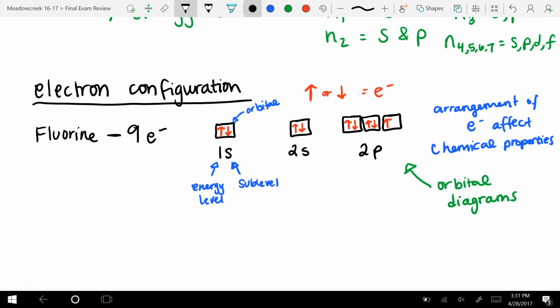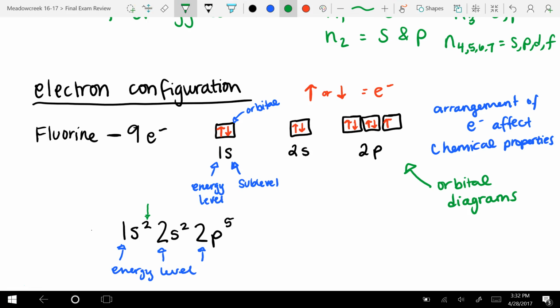And that is because the electron configuration for fluorine would look like this: 1s2, 2s2, 2p5. Where the 1, 2, and 2 are talking about the energy levels.